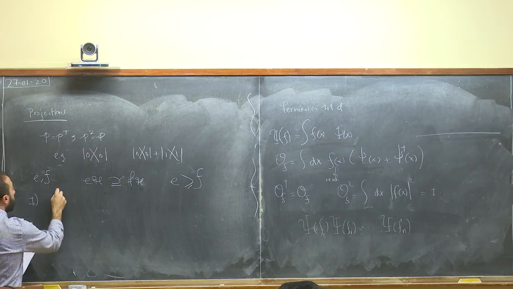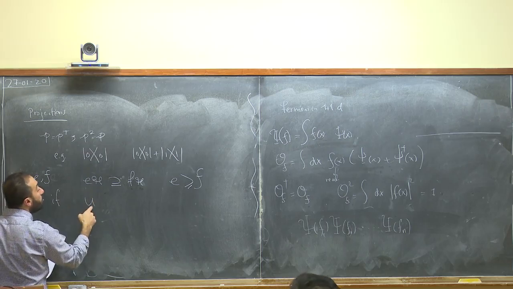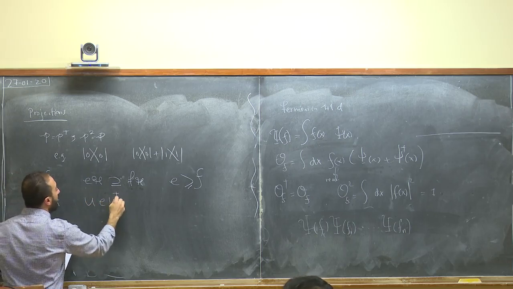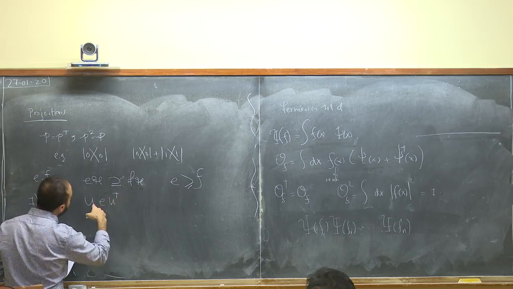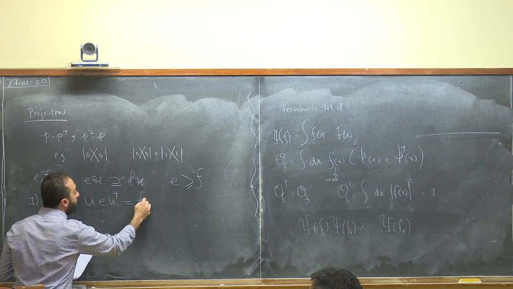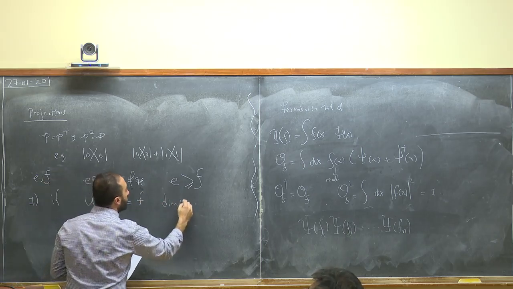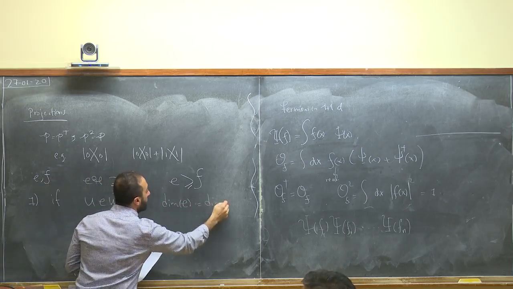If for some unitary U, U dagger E U is F, you say the dimension of E is equal to the dimension of F.